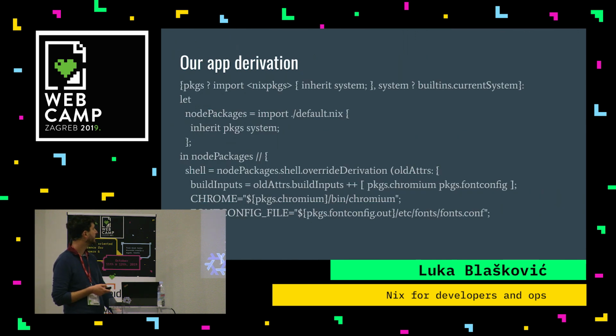But we forgot to define one thing, which is to ensure reproducibility. As I said, in this derivation example we used Nix packages located on a local machine. Maybe my fellow developer will have a slightly different version than me, and the build result will be different.